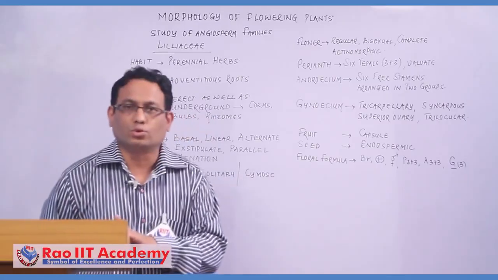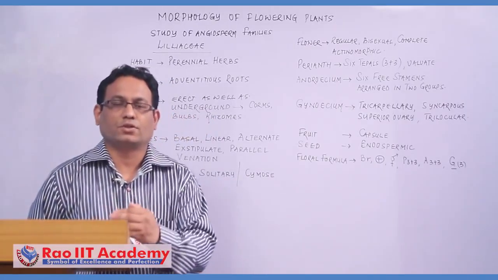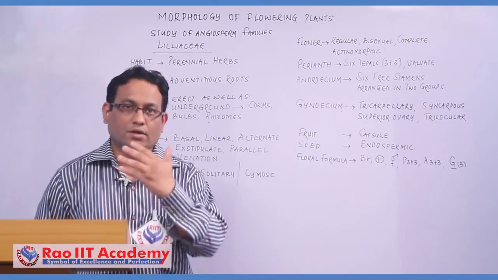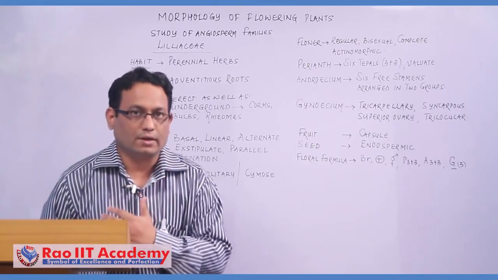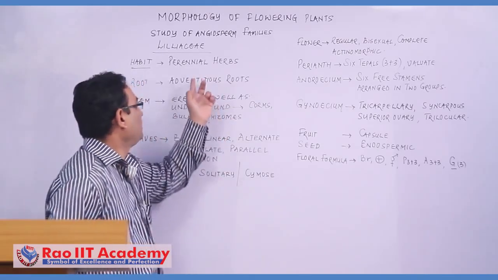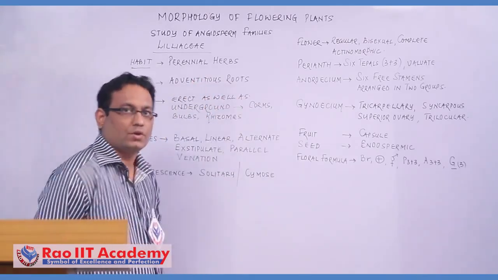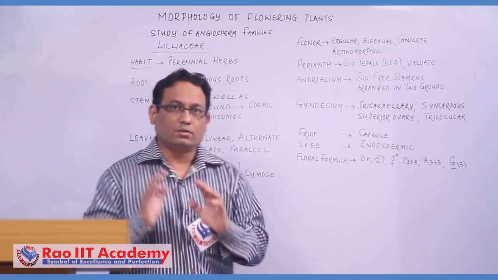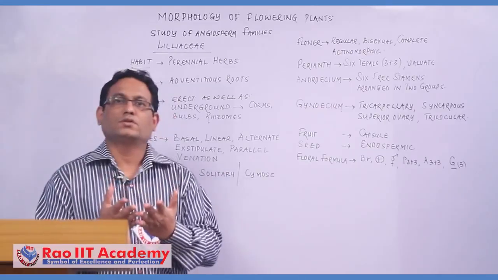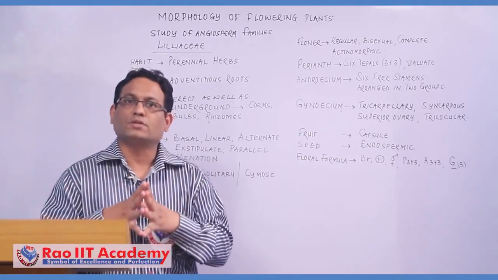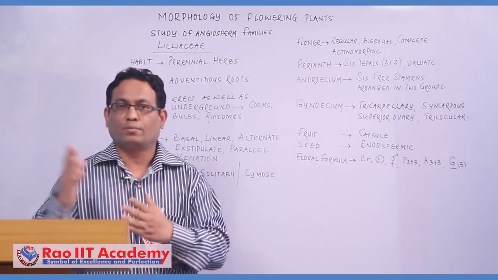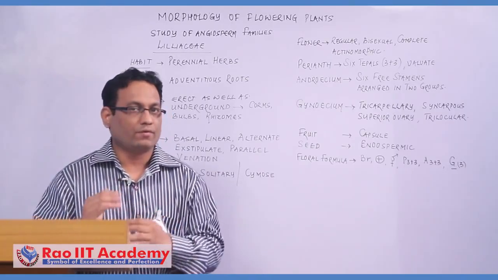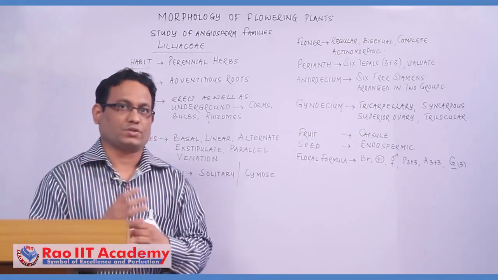In the previous two groups, we did have herbs, shrubs as well as trees, but here they are mostly herbaceous. Clear? This monocot family will have adventitious roots. When you distinguish between dicots and monocots, this is a unique character of distinction: monocots have adventitious roots, whereas dicots have a taproot system.